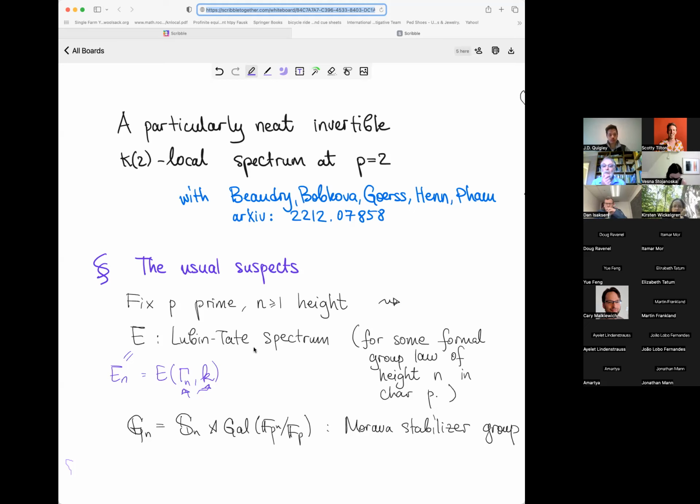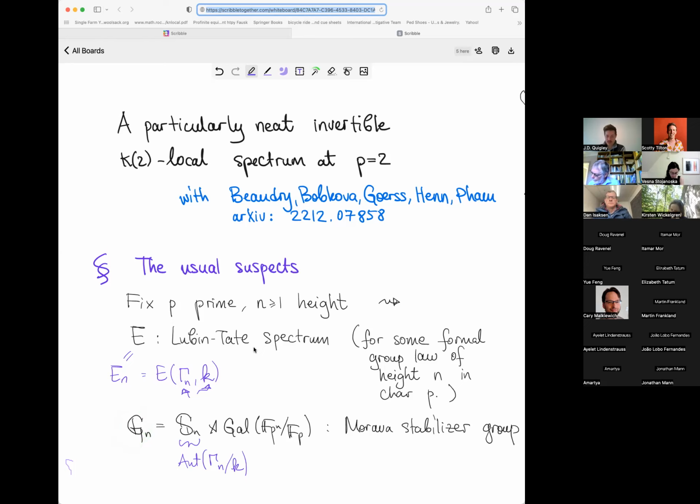And then there's also the Morava stabilizer group. So Gn is going to be my name for the big one and Sn for the small one. And what is that Sn? Sn is the automorphisms of this chosen formal group law over the field k.